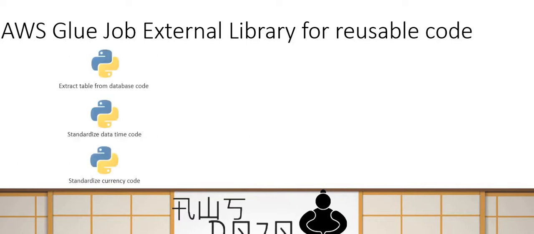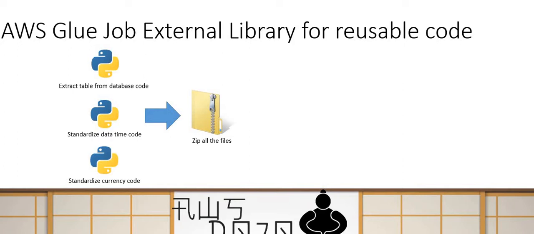So the way it works is, for instance, you will write different types of reusable code, like code for extracting table data from a database, and code for standardizing your date time and currency. You simply write those as Python functions. And then you zip all these files into one, so you're creating a library.